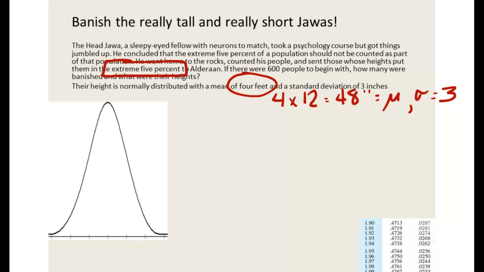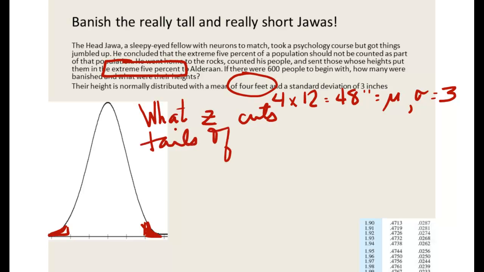So he's taking the super extreme 5%, which means 2.5% on either side, and banishing them to a different planet.